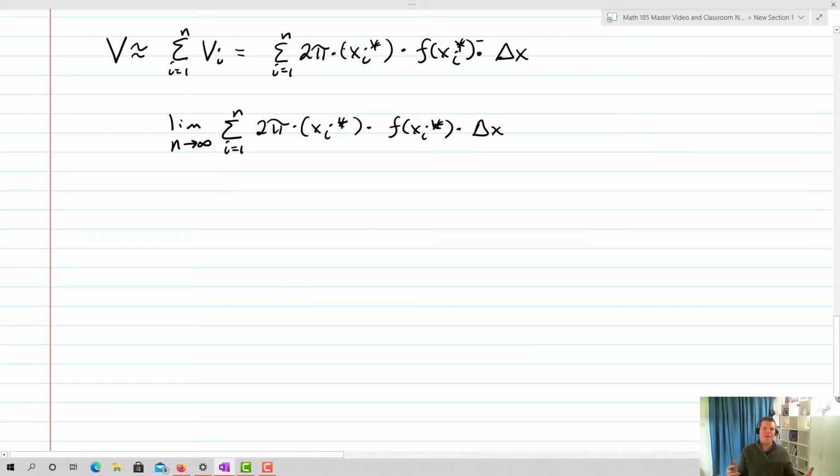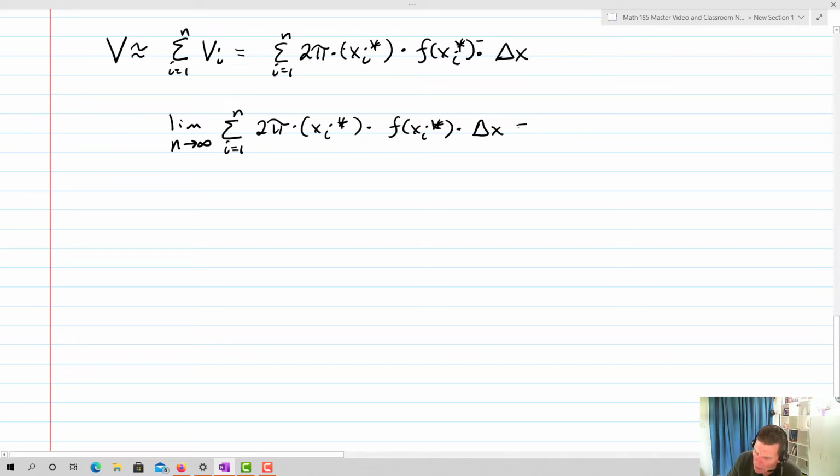And what we know now is that, as those intervals get smaller and smaller, their midpoint becomes the actual value for x. That midpoint is the value of x because we now have infinitely thin intervals, so there's really only one point along that interval.